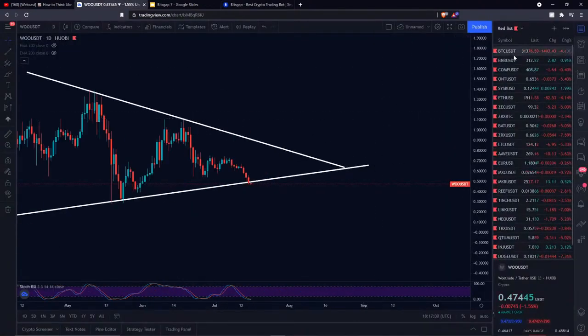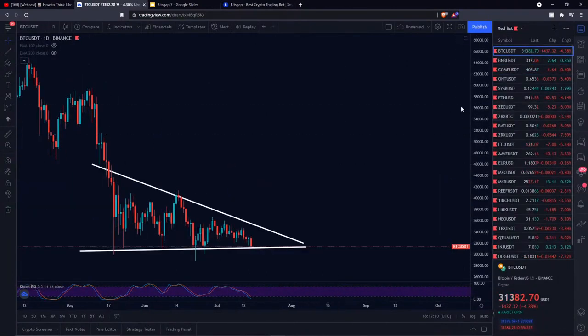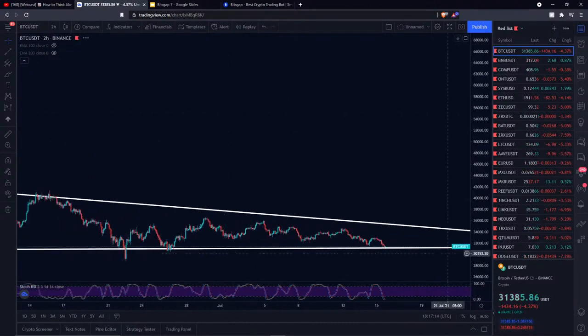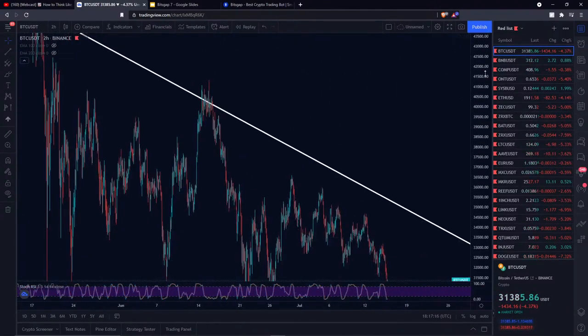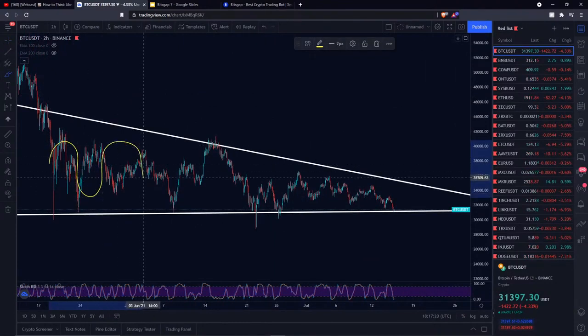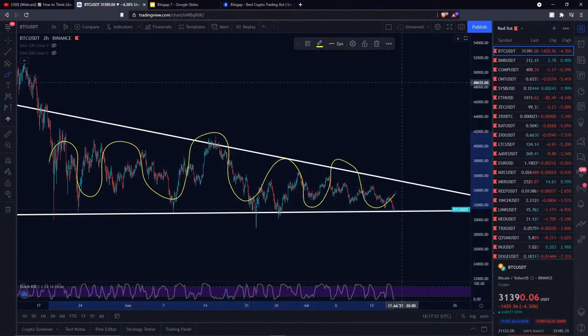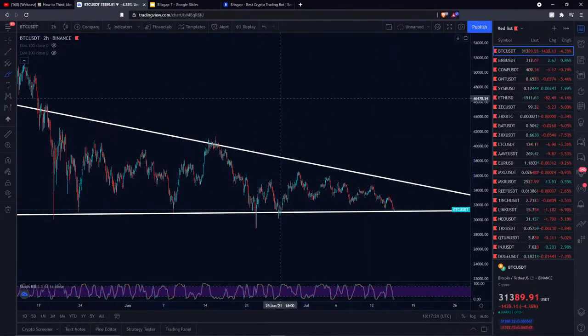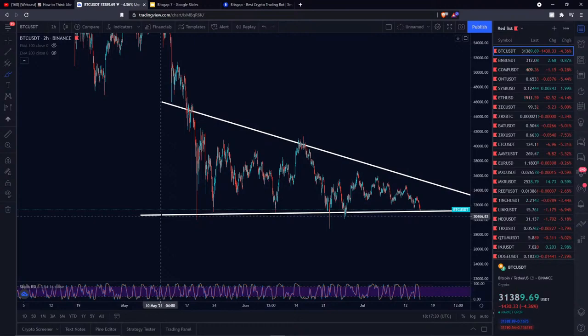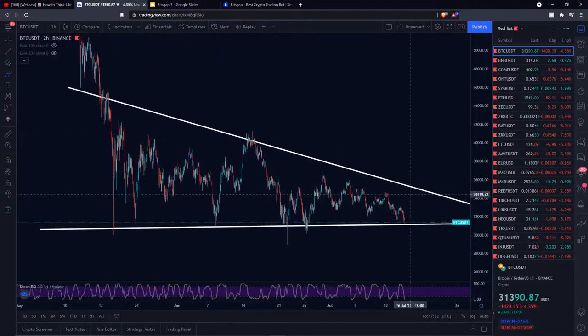So what I mean by the sideways market, like if you look at the chart of Bitcoin, and let's say look at the 2-hour chart, then it looks like a perfect sideways market as it moves right like this, and you can say that it has a strong support line and it has a declining resistance line.